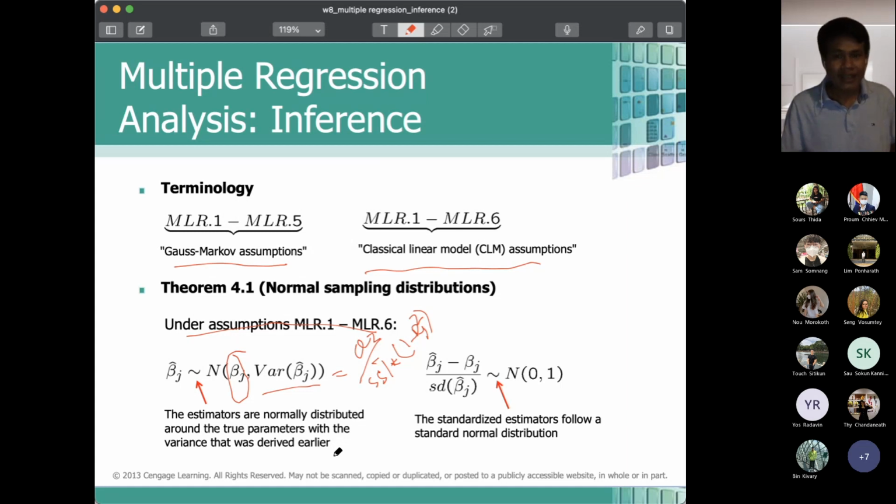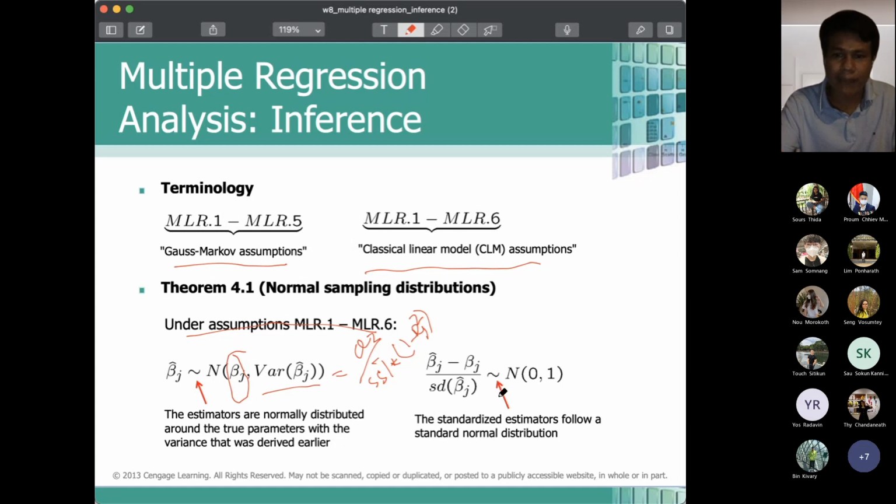Hence, how do we standardize our distribution? The standardized estimator can be written in this equation: beta_j hat minus beta_j divided by the standard deviation, or standard error, of beta_j hat. And the standard deviation is just the square root of this variance. So we obtain the equation for the standardized estimator.